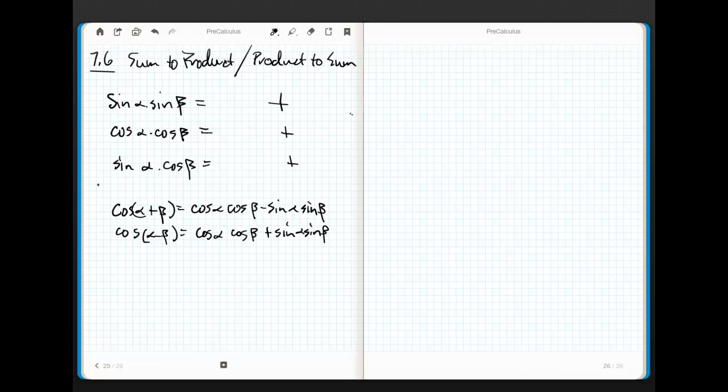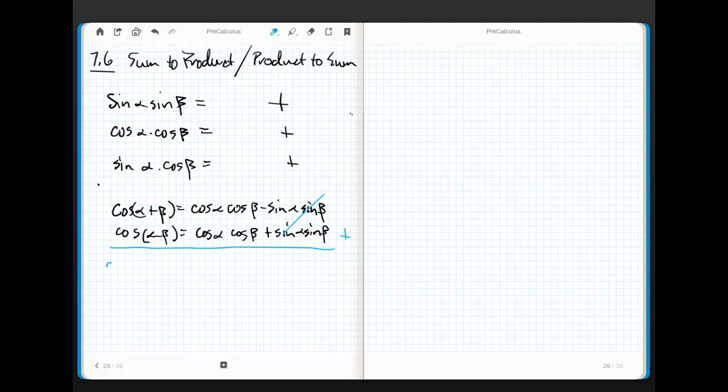Do you notice that if I simply take these two equations and I add them together, the sine alpha, sine beta just goes away? All right, so they just cancel out. So what does that tell me?